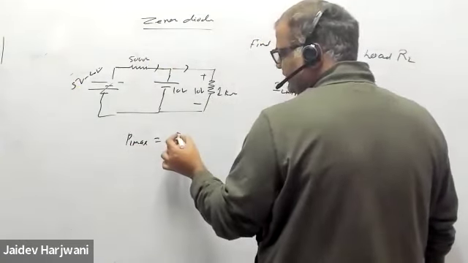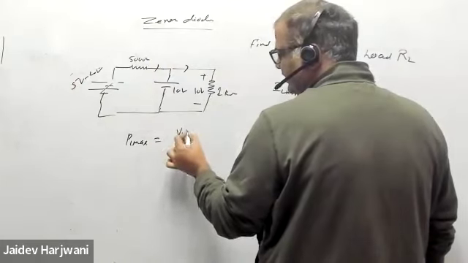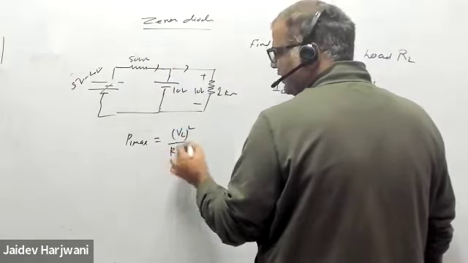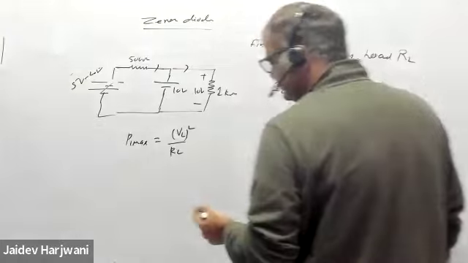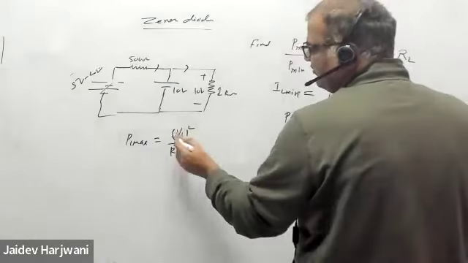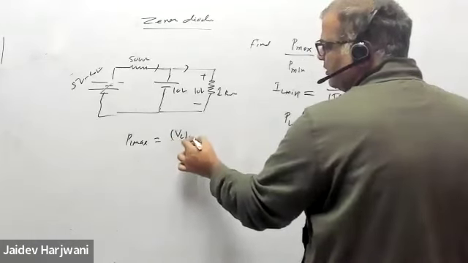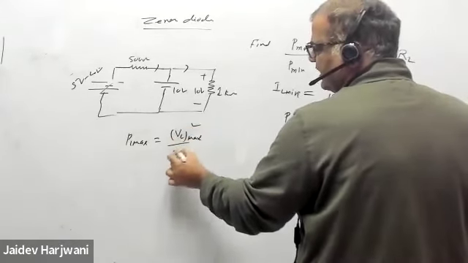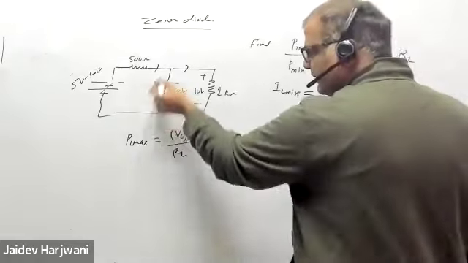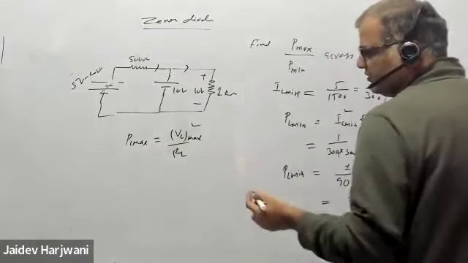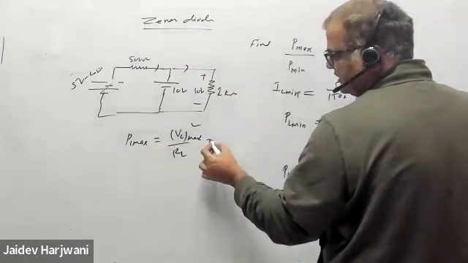PL max is VL square upon RL, or you can find IL max also. This is your VL max value upon RL, because VL max can only be up to 10 volt. That you should remember.